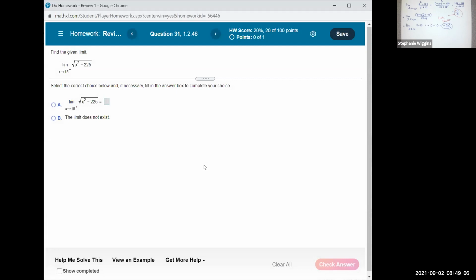Same thing here. When you plug in 15, now they want the right hand limit. Okay, so the right hand limit means that x is greater than 15. So if you think about this graph, quite frankly, I would graph this if it were me.